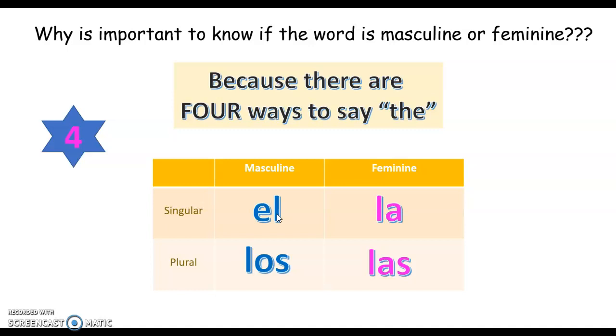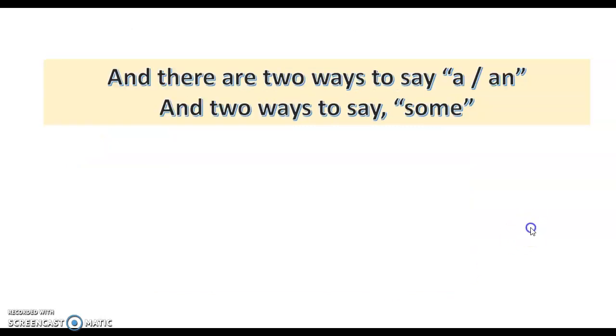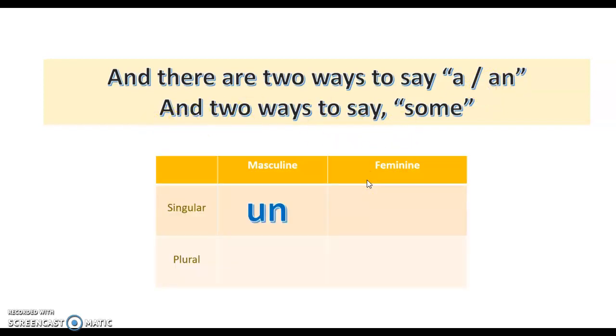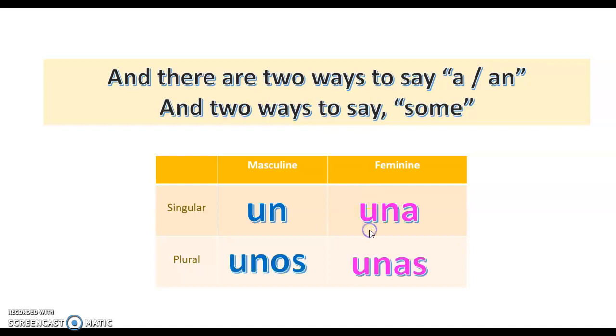There's the masculine singular, the feminine singular, the masculine plural, and the feminine plural. And there are 2 ways to say a or an, and 2 ways to say some. These are un and una, or unos and unas. So these plural would be some, and this is a or an.